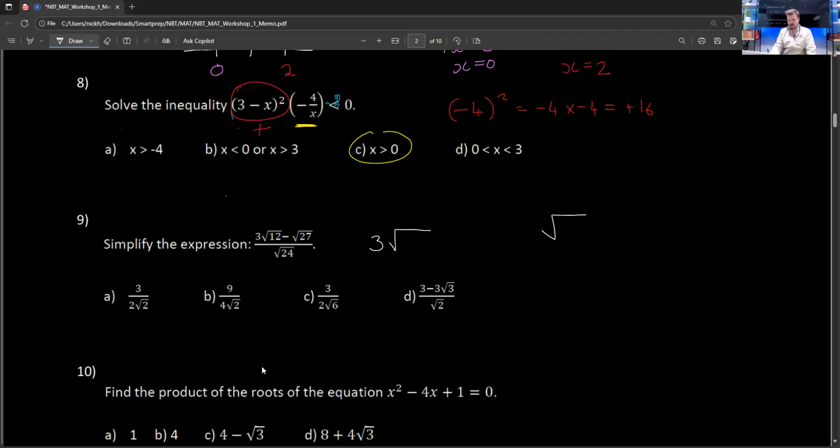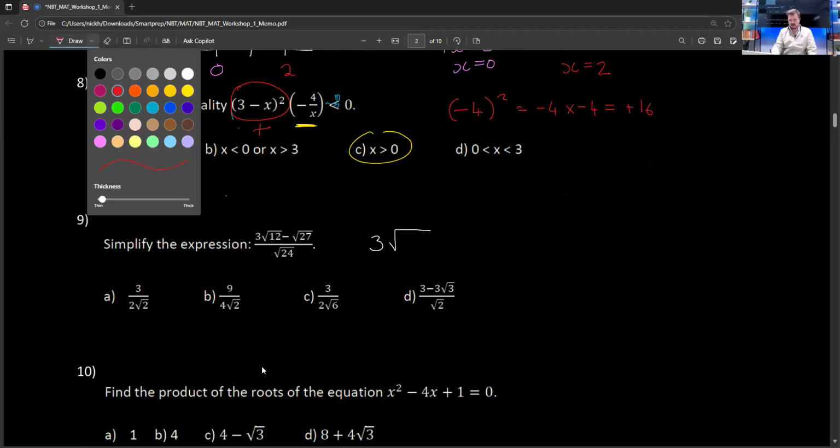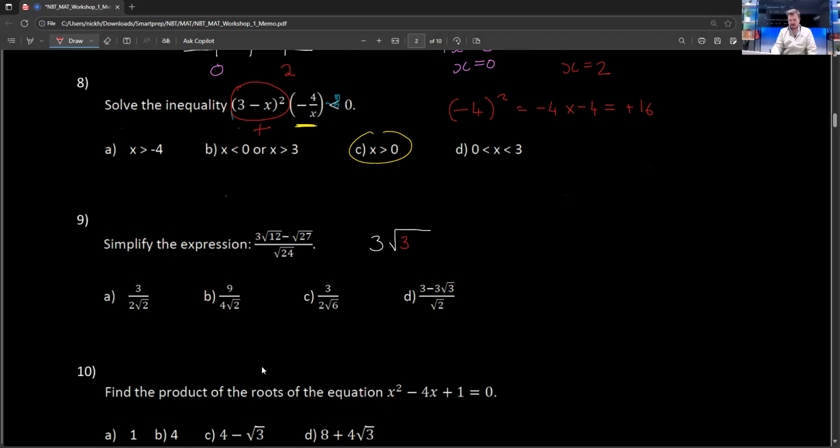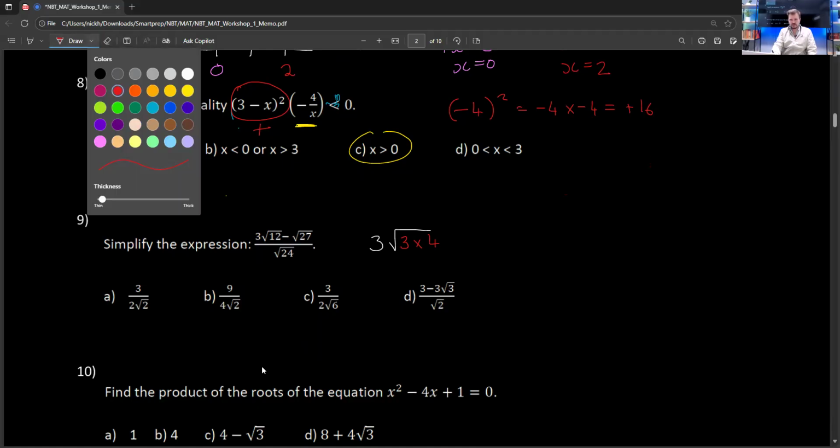The square root of 4 is equal to 2. So when you look at these, you want to find factors of 12 that would simplify into something that doesn't have a root part. The factors of 12 are 3 and 4, and the 4 part would then simplify to just 2.